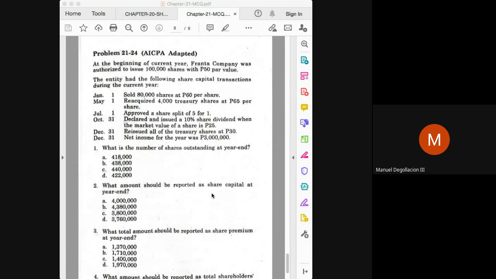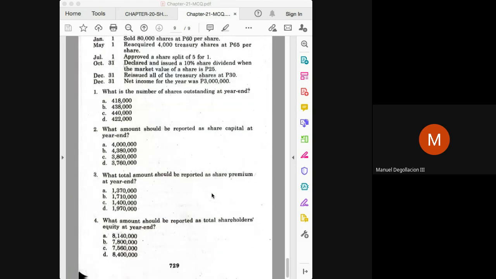Okay, problem 21-24. Questions are outstanding shares, share capital and share premium.